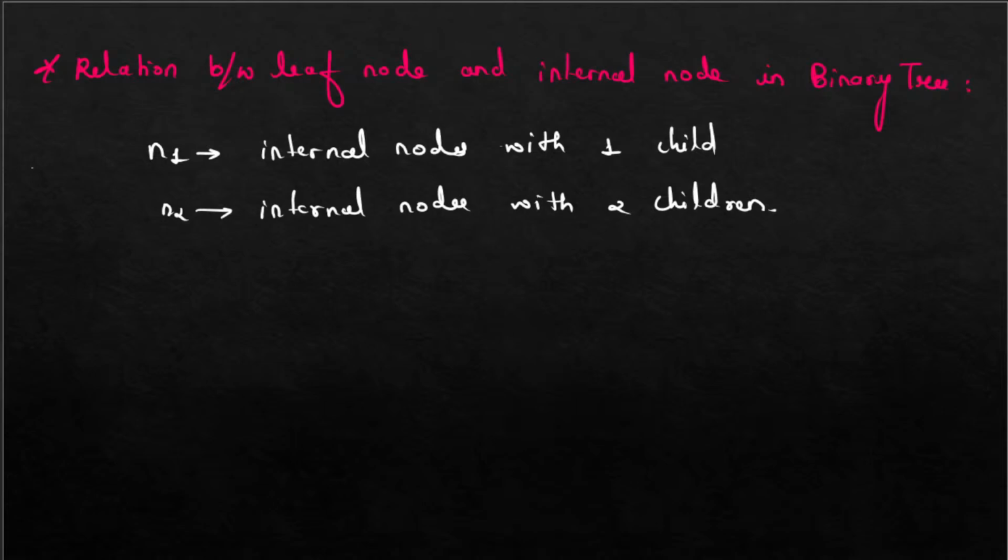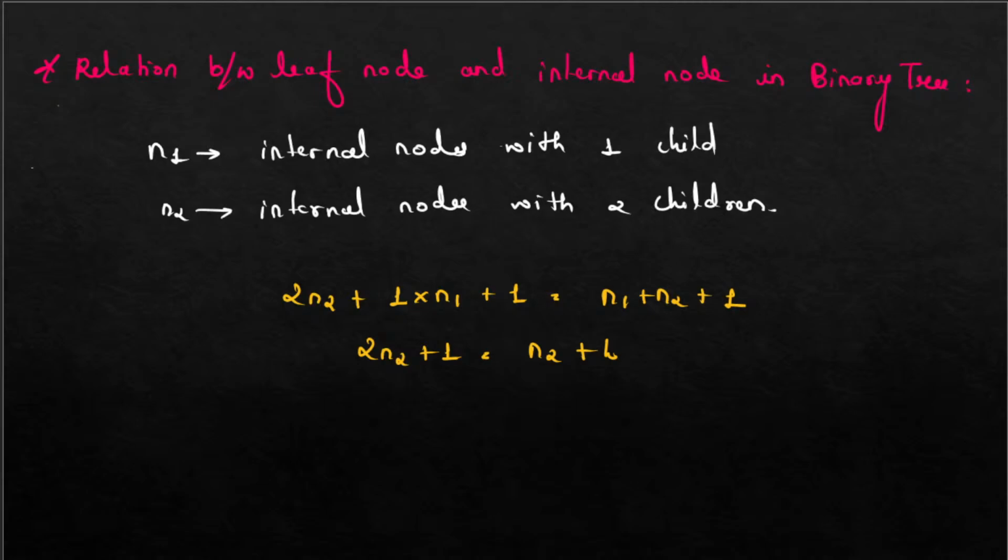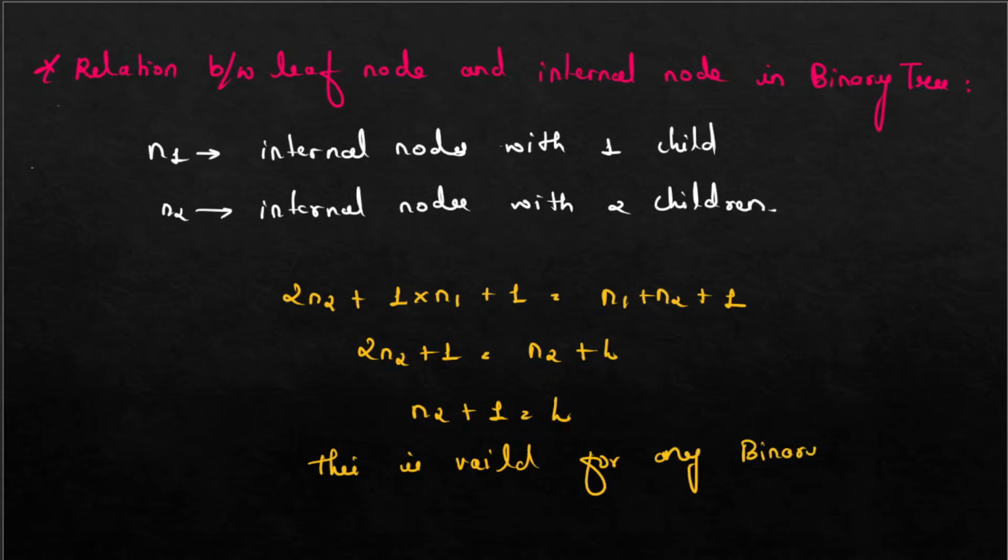And what will be the relationship here? It will be 2n2 plus 1 n1 plus 1, which is equals to n1 plus n2 plus 1. This will be n2 plus 1. This is n2 plus L. Okay, and n2 plus 1 is equals to L. And this is valid for any binary tree.